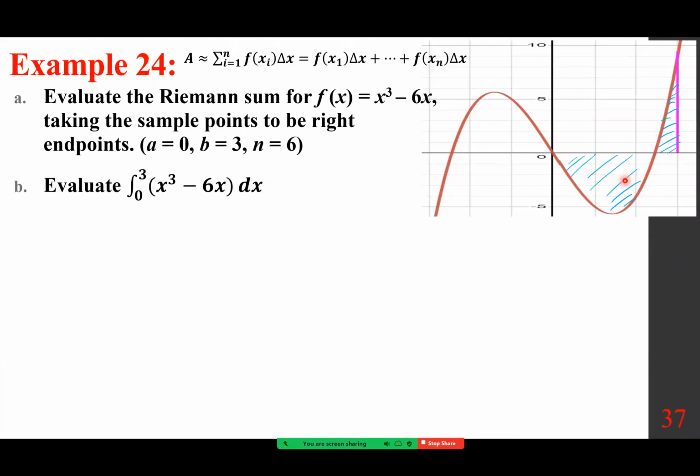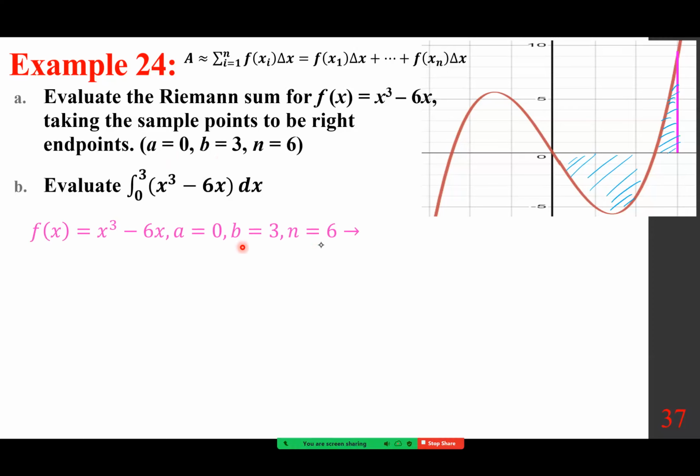All right. So first and foremost, what is my function? f of x is x cubed minus 6x. What is my a? 0. What is my b? 3. So we can calculate delta x as b minus a over n. In this case, n is 6.